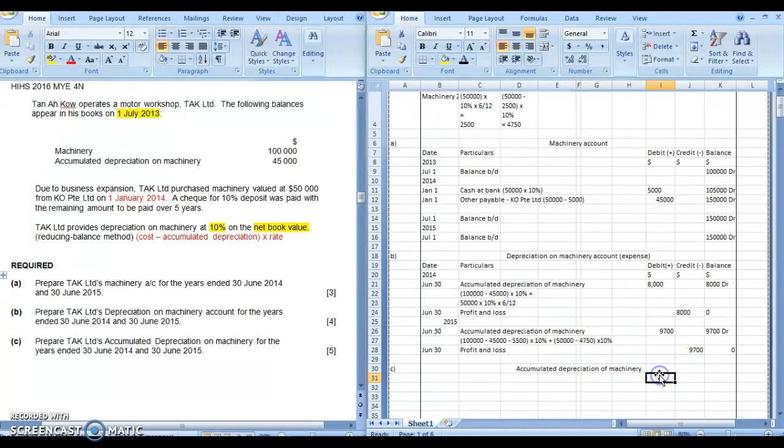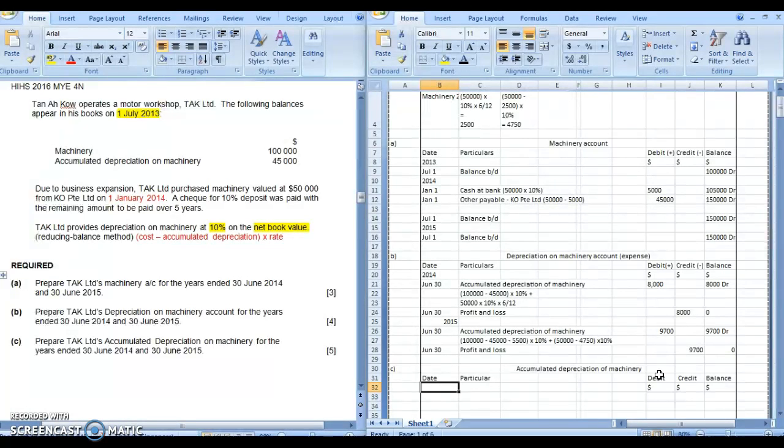So here we go. But because accumulated depreciation on machinery appears in the balance sheet, you don't have a closure of profit and loss, you need to have a closure of balance brought down.